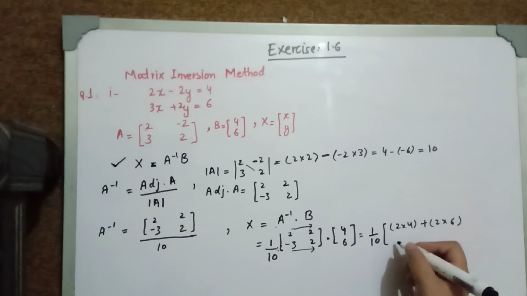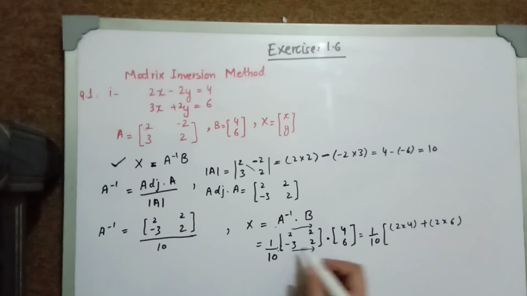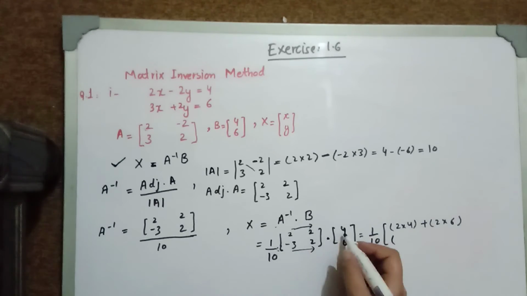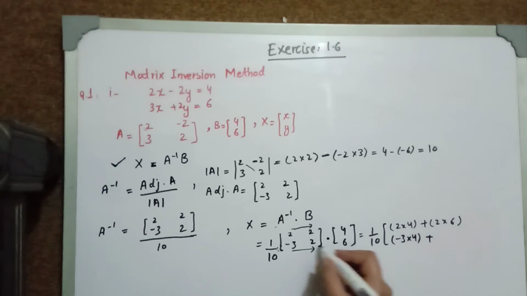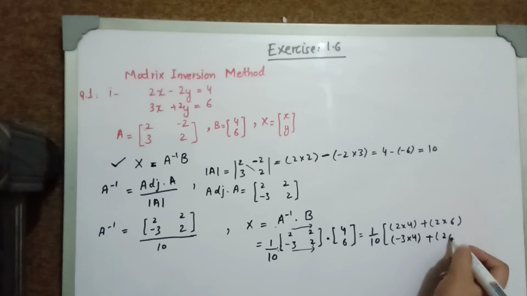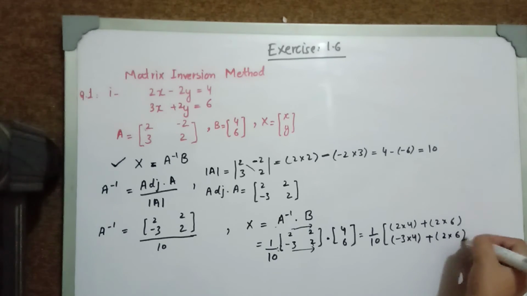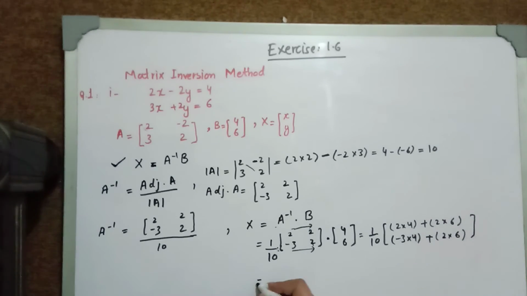We have here minus 3 into 4, plus 2 into 6, right? So we get 1 over 10 into: 4 2s are 8 plus 6 2s are 12, minus 3 into 4 is minus 12 plus 6 2s are 12.